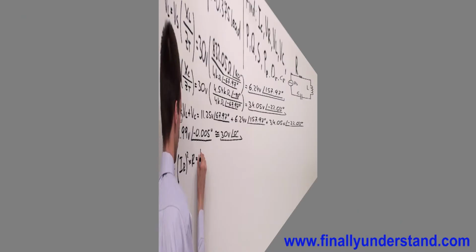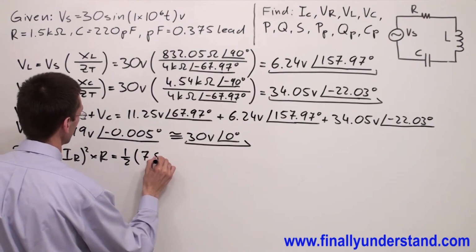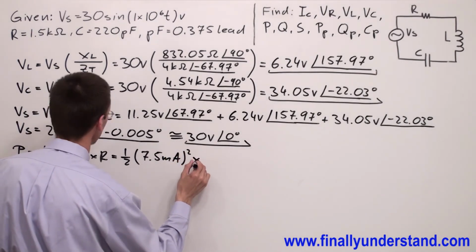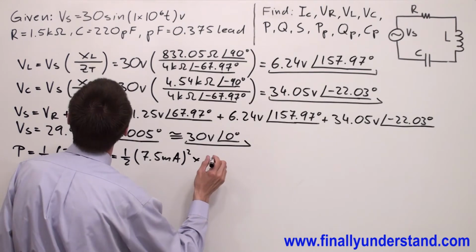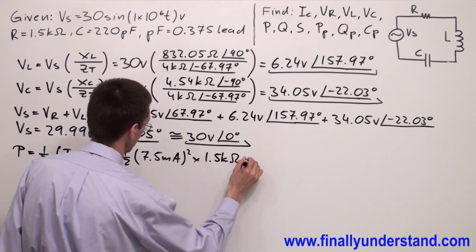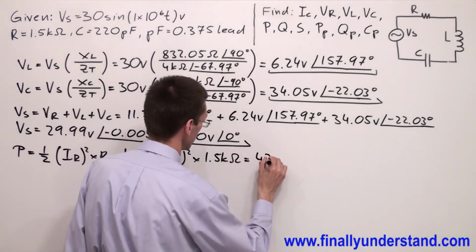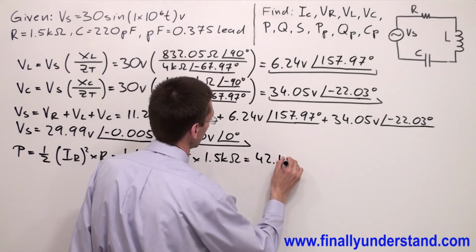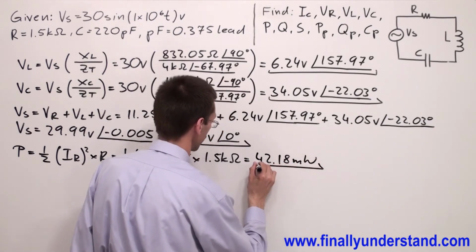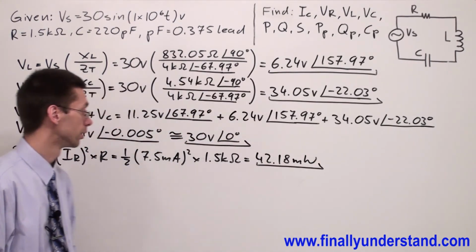So I have 1/2 times 7.5 milliamps raised to the second power times the resistance. Resistance is equal to 1.5 kiloohms. This is equal to 42.18 milliwatts. Okay, so this is the true power in my series circuit.